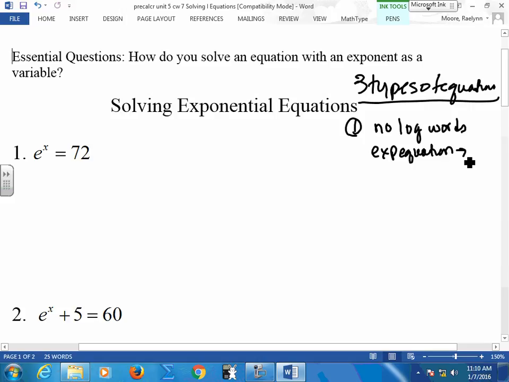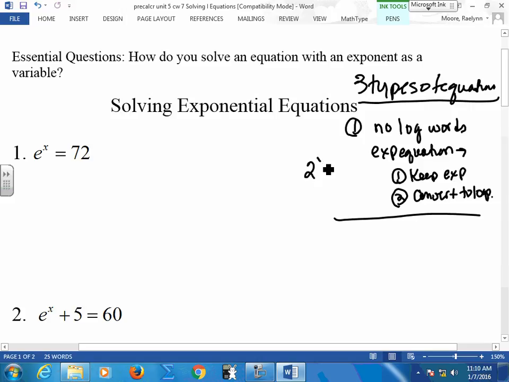We can break them down to the same base and keep them exponential, and solve, or we can convert them to logs. Such as 2 to the x equals 8.